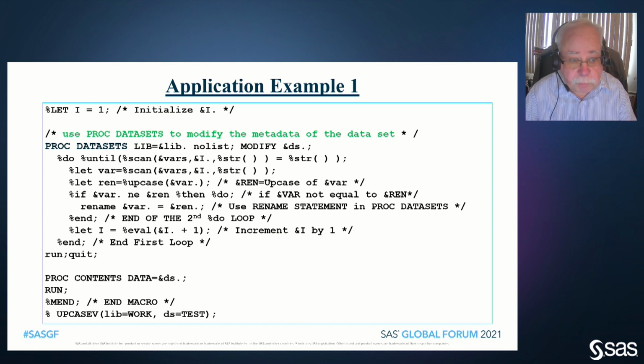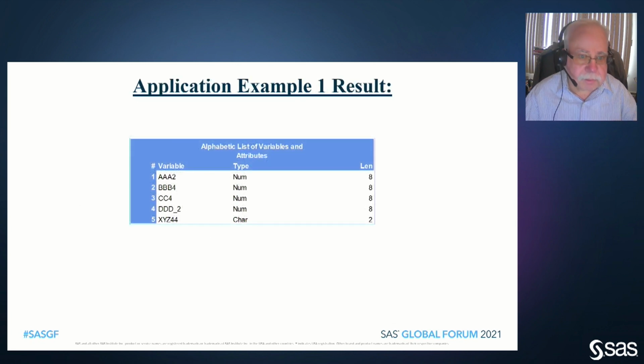But then we have to make sure we increment which value we're pulling. So we're saying let I is to use the eval function &I plus 1. So the next time we'll pull the 2, then 3, and 4, and then 5. And then we'll see what the proc contents turns out to be and run the macro at the bottom there.